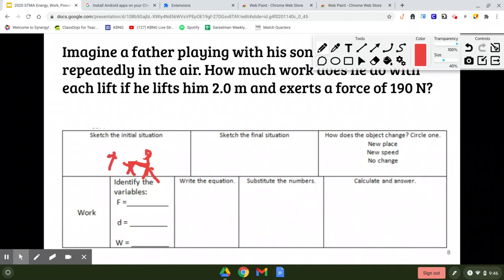He's lifting him up, letting him come down. So that's the initial situation. Here's the situation at the end. We've got our little boy in the air.